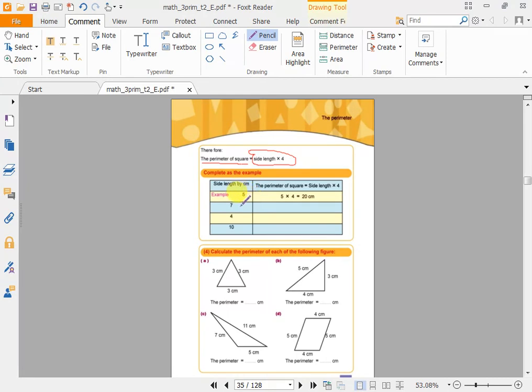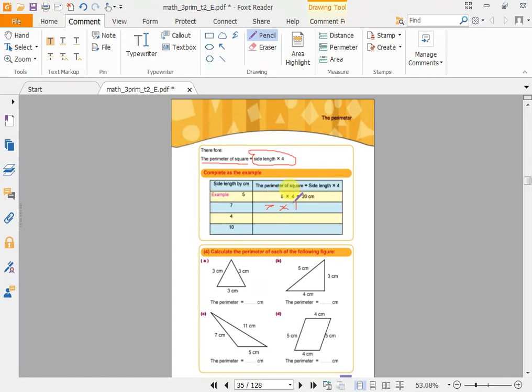We will try this one. Side length in centimeters. The side length is 7. So we can get the perimeter of a square by 7 times what?